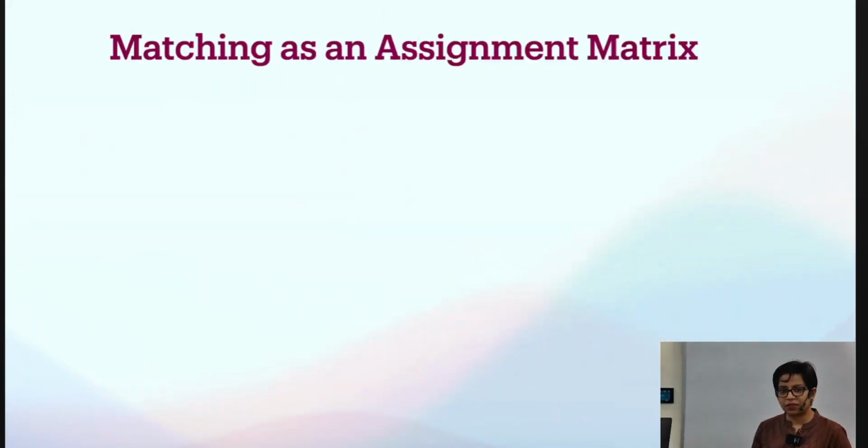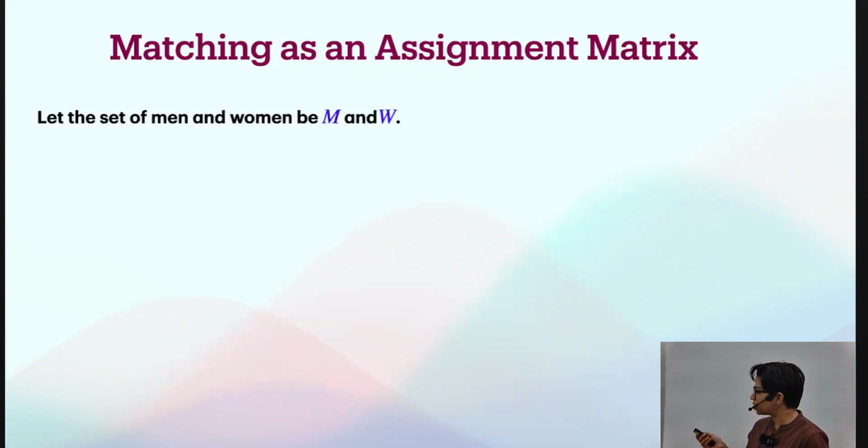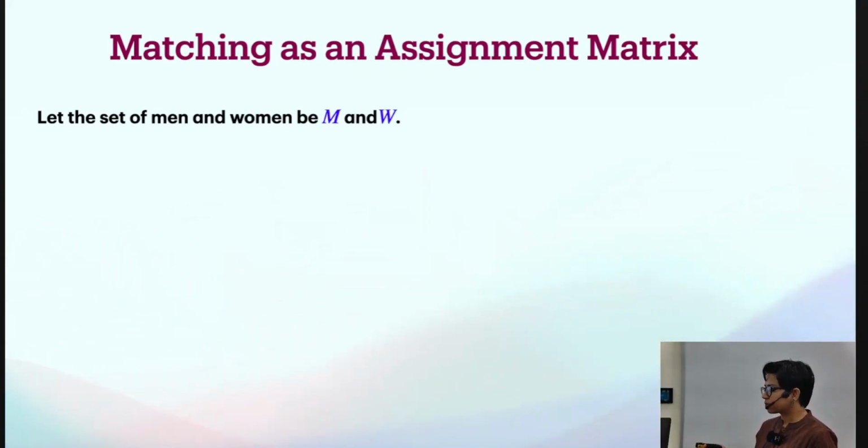Again, we are looking at older works, so let's go back to the earliest that I can think of in the setting of matching under preference where people looked at fractional matching. The matching is envisioned here as an assignment matrix. I am using the terminology from the original paper: you still have bipartite scenarios, with men on one side and women on the other.